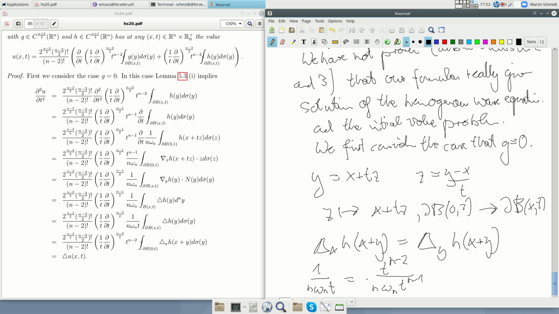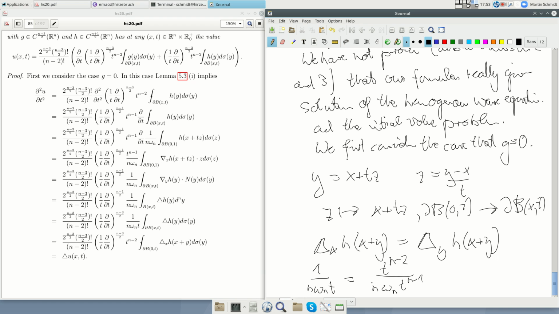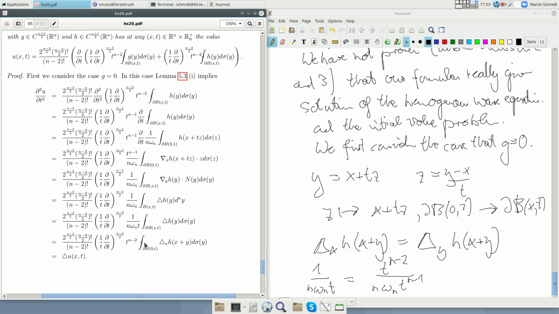We just multiply on the top and on the bottom by t to the power n minus 2. Then on the bottom we have t times t to the power n minus 1. So we have this term. Okay, and this is exactly the volume, so this gives the mean.